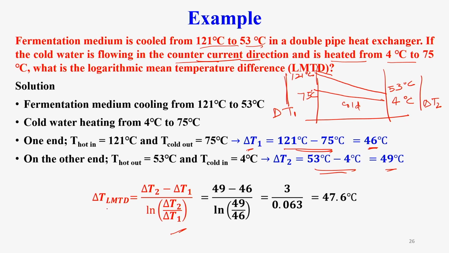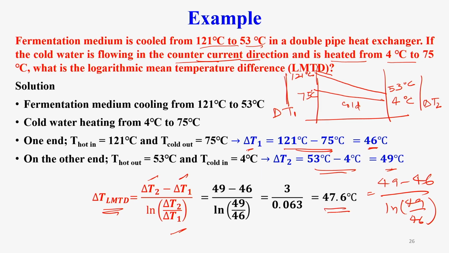Now we can calculate delta T LMTD: delta T2 minus delta T1, 49 minus 46, divided by ln 49 upon 46.